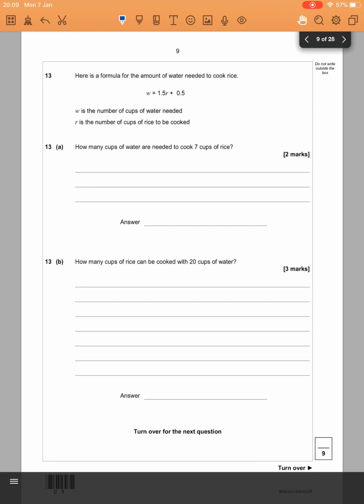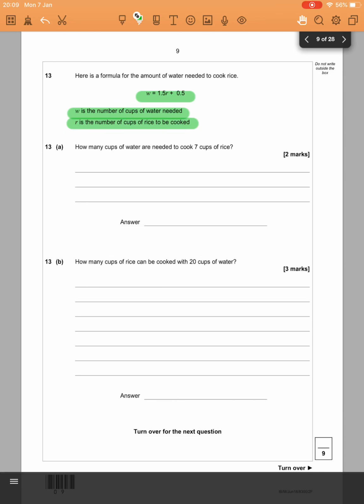Question 13. Here's a formula for the amount of water needed to cook rice. W equals 1.5R plus 0.5. And we're given that W is the number of cups of water needed, and R is the number of cups of rice to be cooked. So, part A, how many cups of water are needed to cook 7 cups of rice?